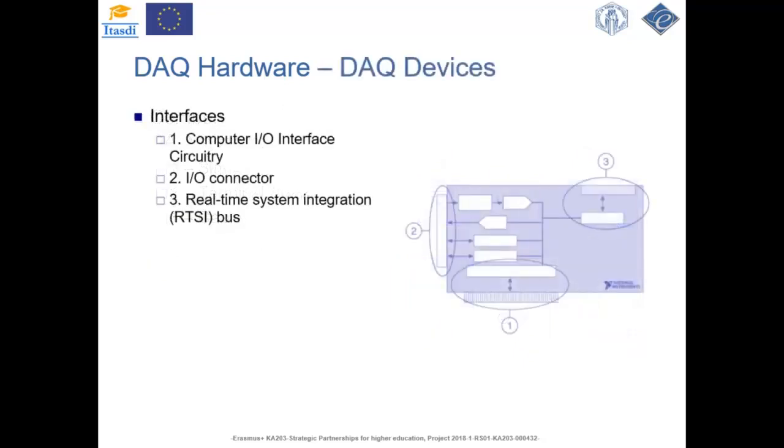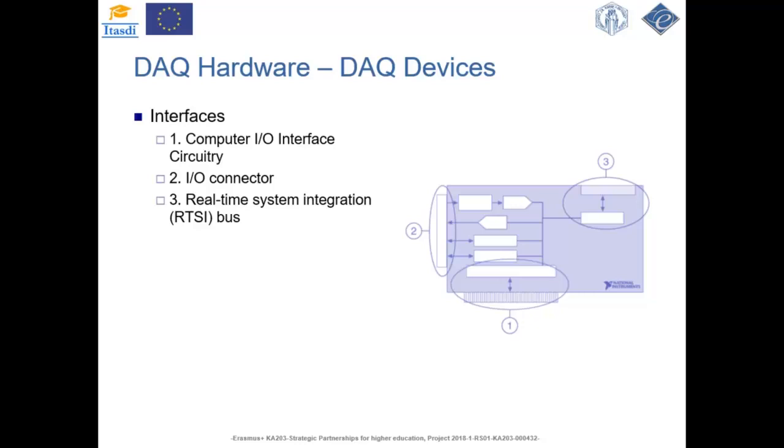The data acquisition devices usually have four standard input output elements, which are the analog input, analog output, digital input and output, and counters, as well as all the necessary circuitry for each of these inputs or outputs.